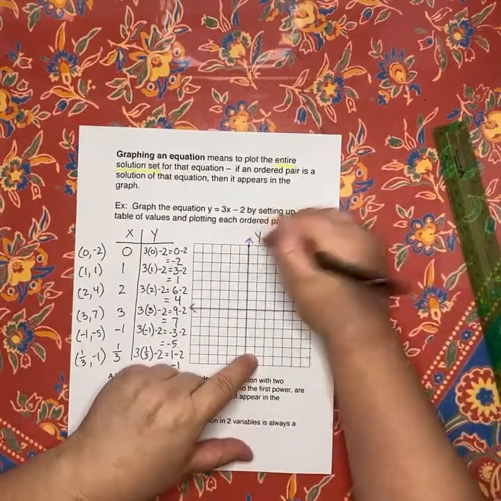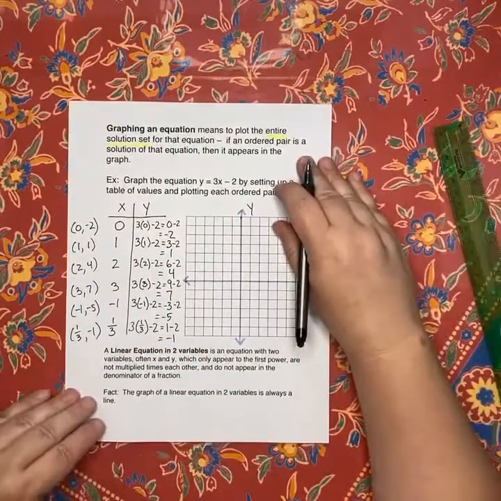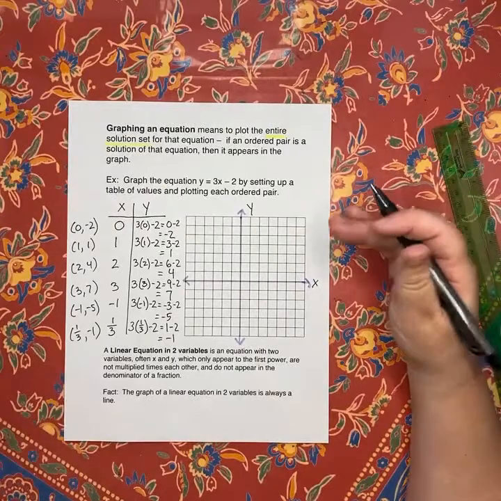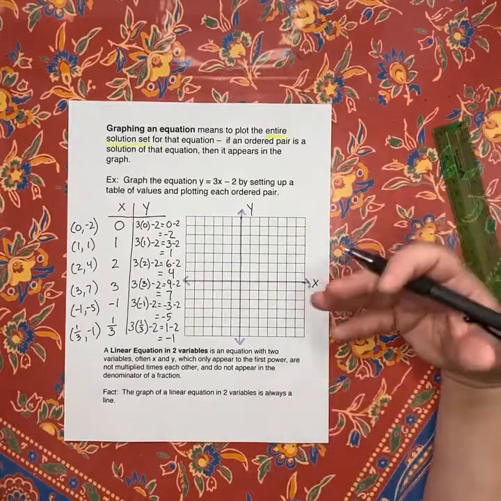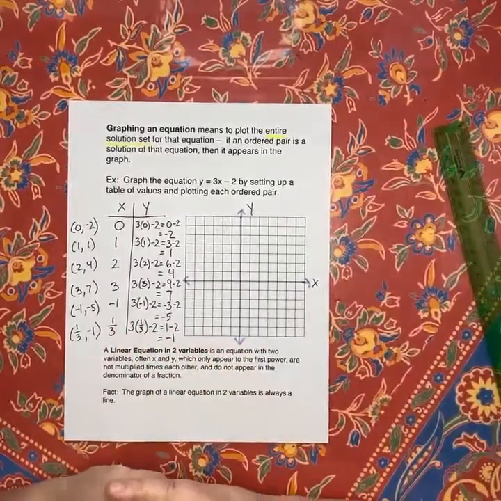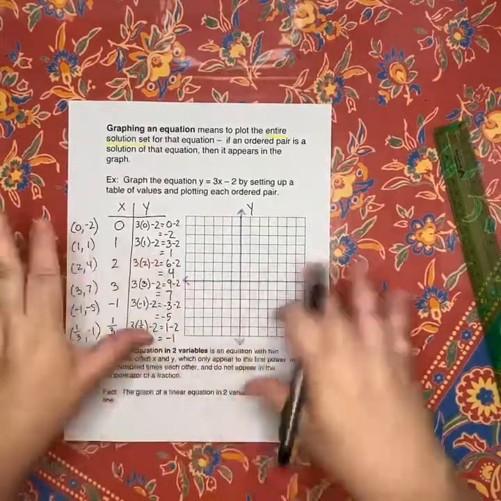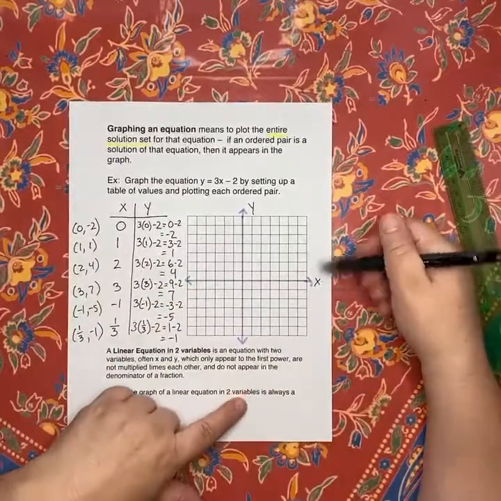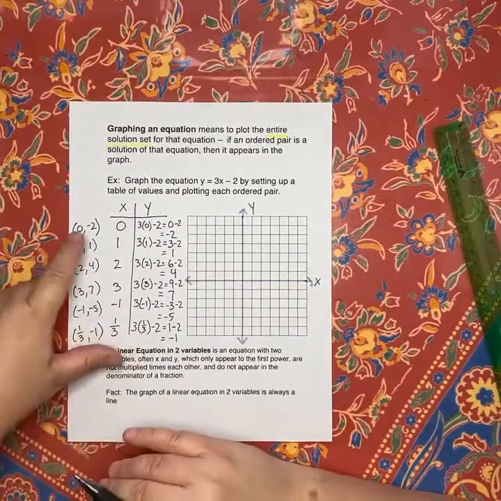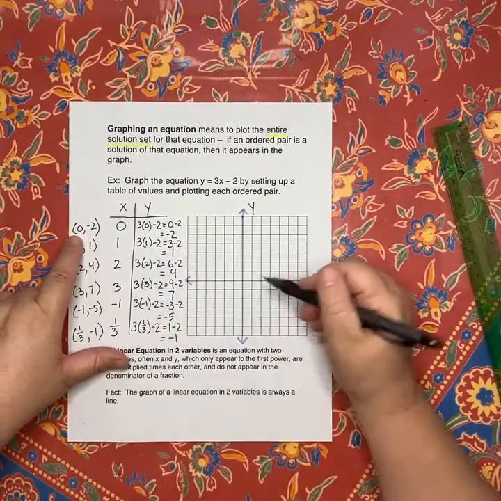Okay, so next up, label. For this class, for the most part, it'll always be X down here and Y up here, unless you're graphing a word problem, you're graphing something in particular that has names. In the next class, if you keep going to Algebra 3, we do all sorts of bonkers things. So don't assume it's always X and Y, but for now it will be. And let me plot some points. I'm going to do my scale will be 1, 1.